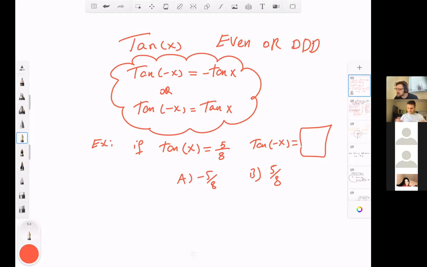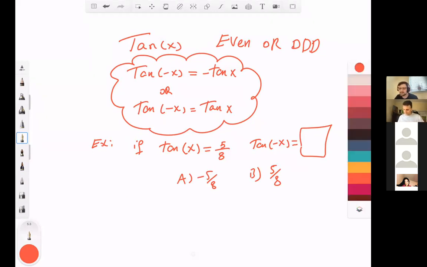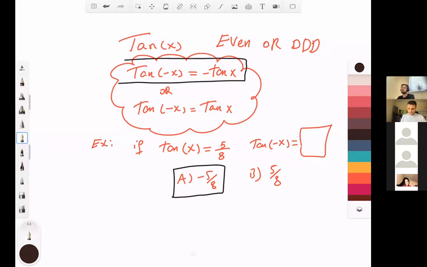Yeah, it's negative. That means tangent is odd. But you don't need to put it in your notes, you don't want to fill up your notes. Sine and cosine is enough. So it will be negative 5/8.